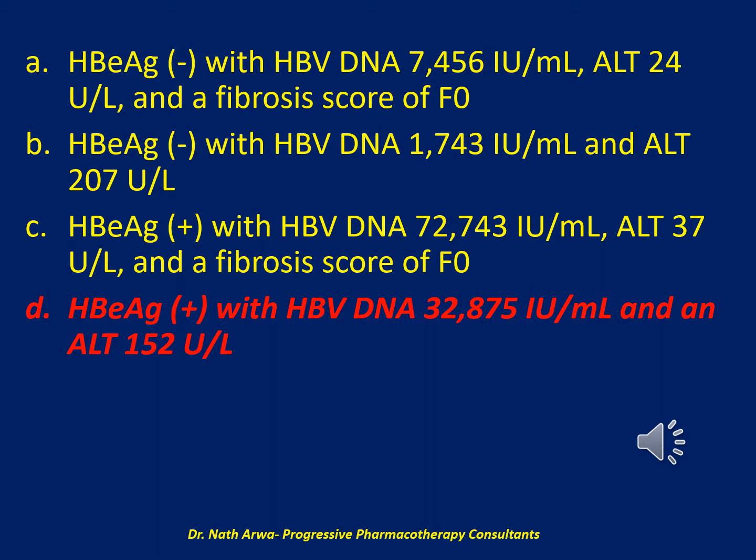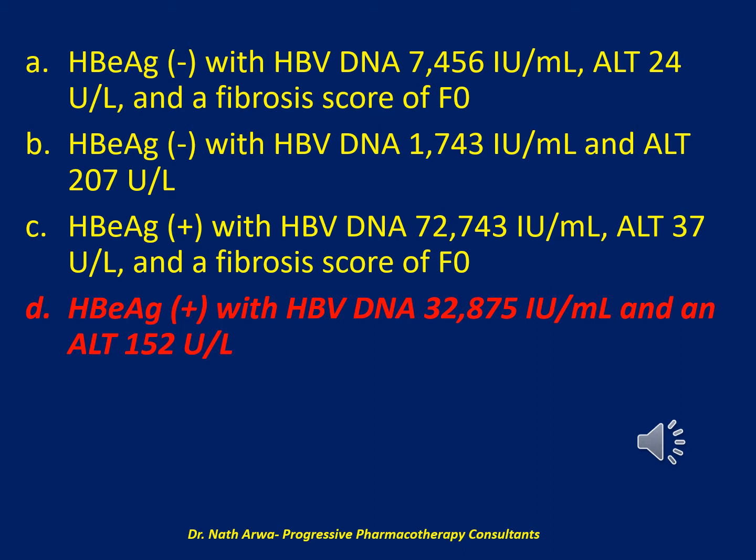Option C is incorrect, because while HBV DNA is elevated, the patient's ALT is within normal limits and the patient does not have fibrosis in those with HBeAg positive, and therefore this patient does not meet the criteria.